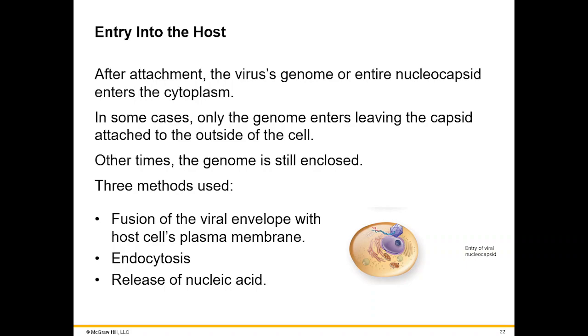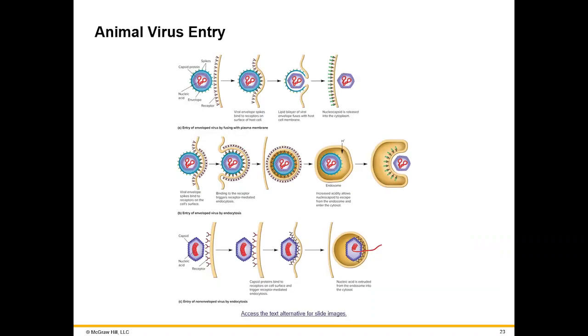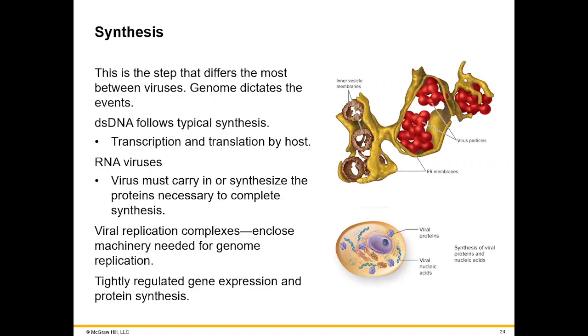The entry is through fusion and endocytosis. We have a video added in your lecture folder for that, but basically it enters the cell through a process similar to endocytosis. Then once inside, they release their nucleic acid. So here is the mechanism of this viral entry.